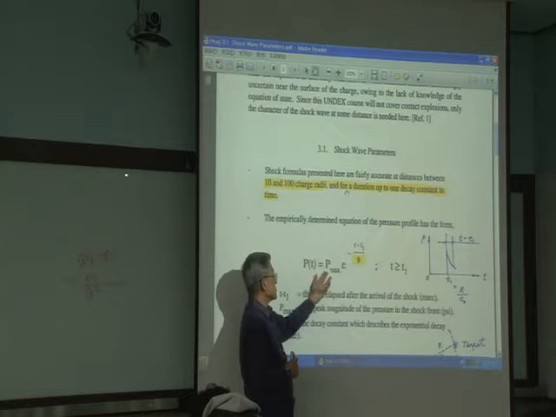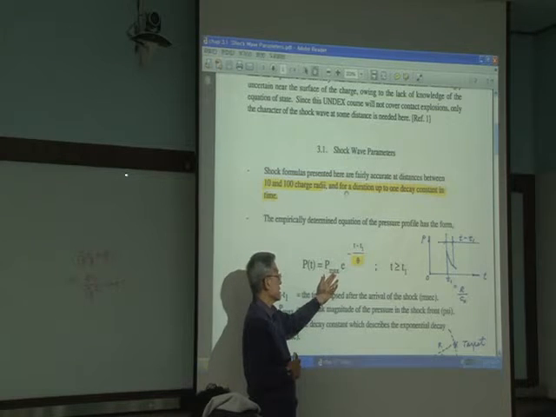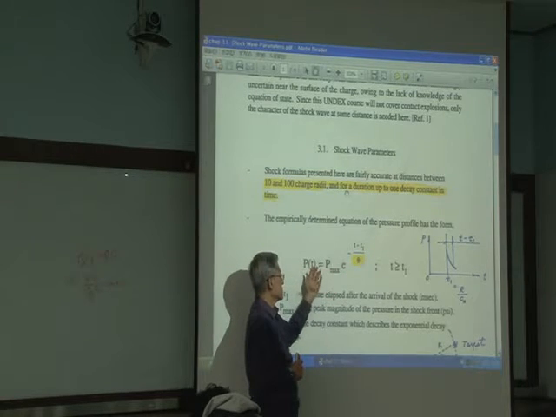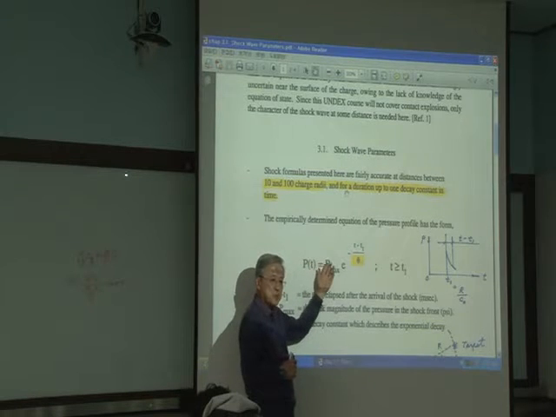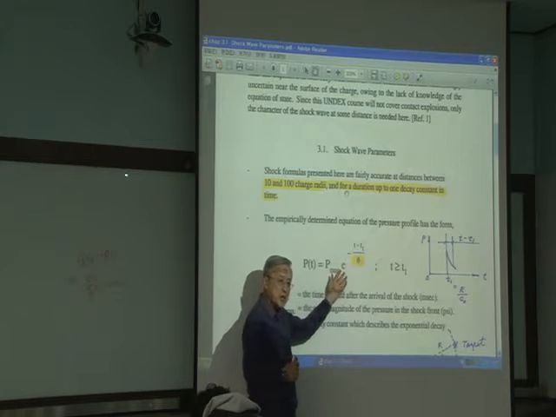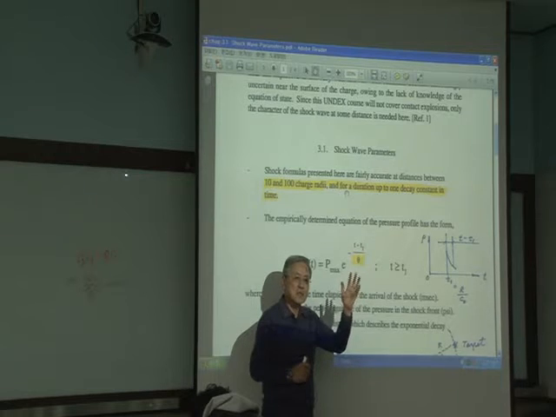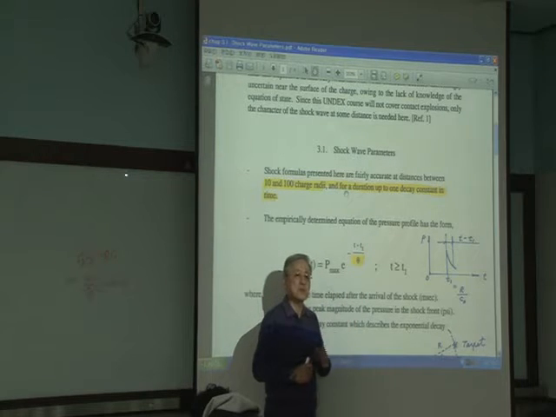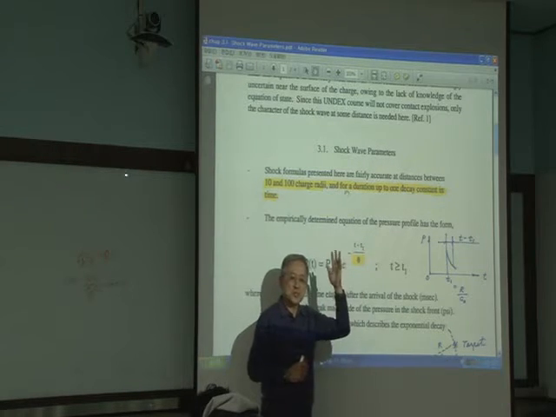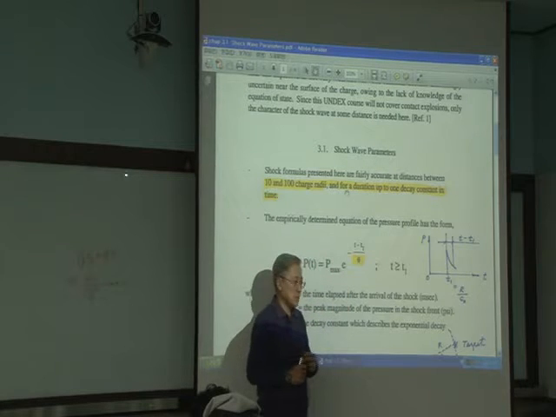So this equation set, I want you to understand fully, this is nothing but the exponentially decaying pressure. That's what conventional or chemical explosives always do, okay? Exponentially decaying pressure.